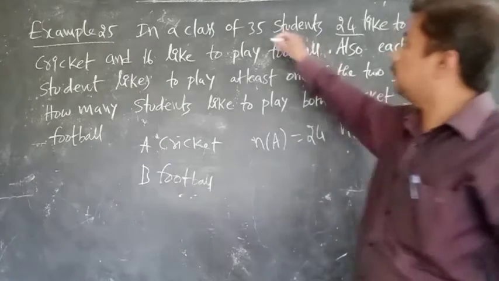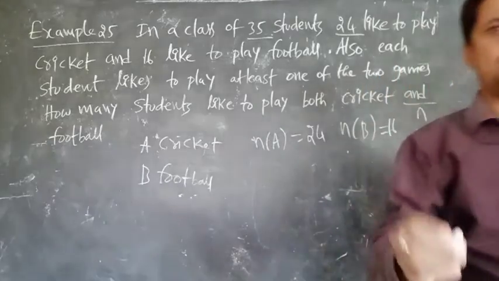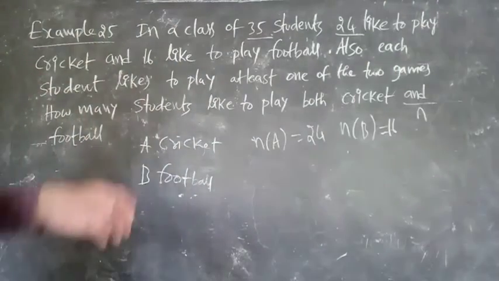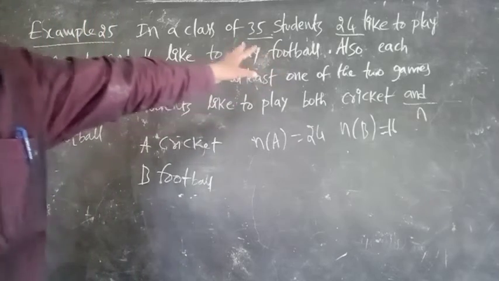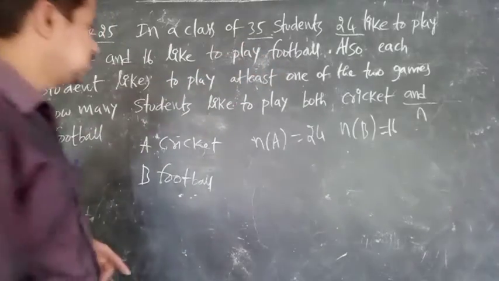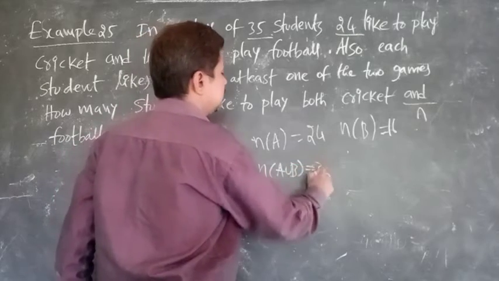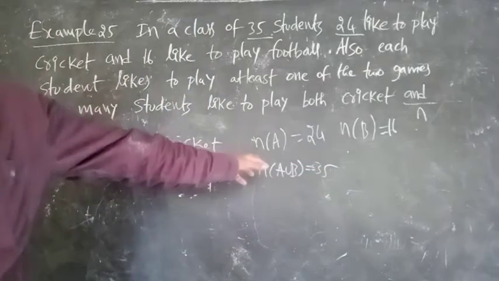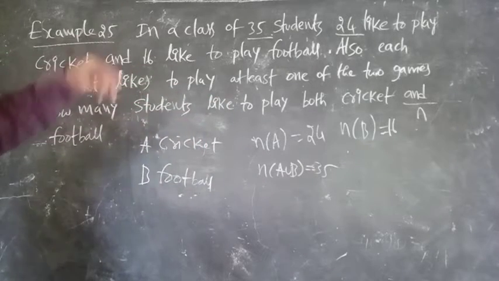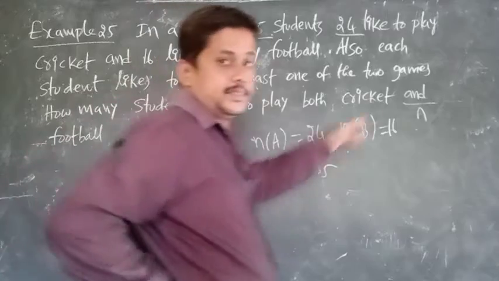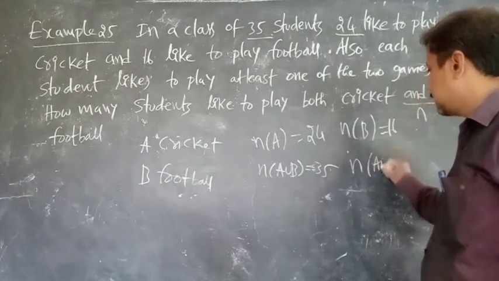Here 35 is there: a class of 35 students means the union. So n of A union B is equal to 35. What to find here? And is there, so we have to find the intersection, n of A intersection B.